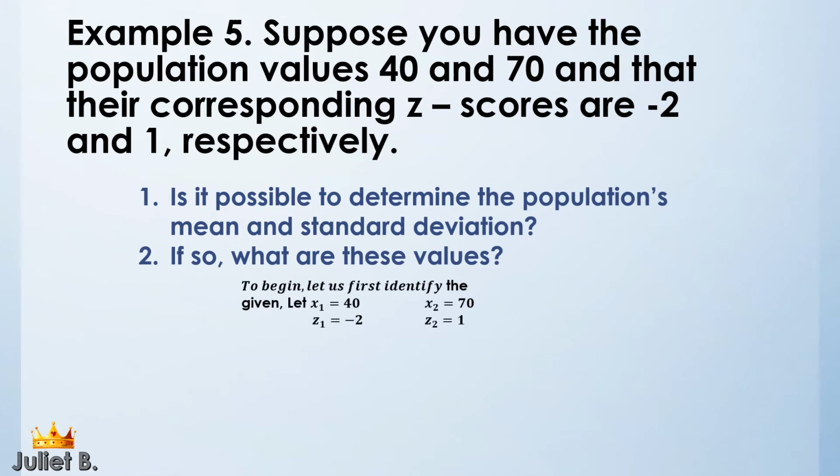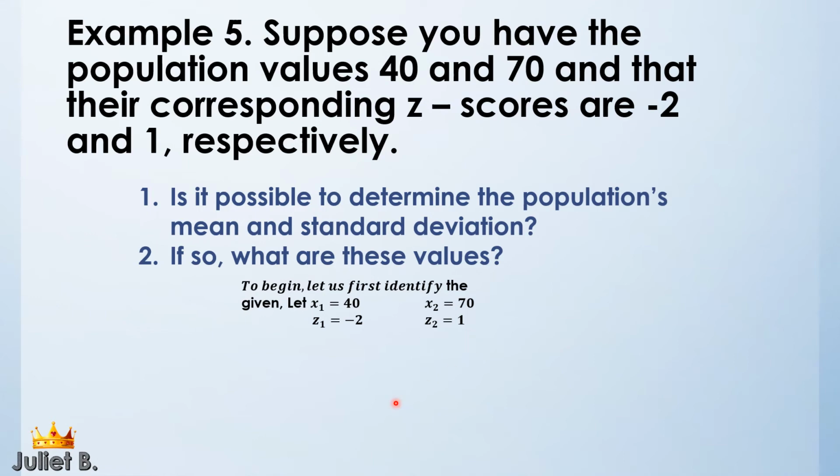To begin with, let us first identify the given. Let x sub 1 equals 40 and x sub 2 equals 70. Then their corresponding z-scores are z sub 1 is equal to negative 2 and z sub 2 is equal to 1.